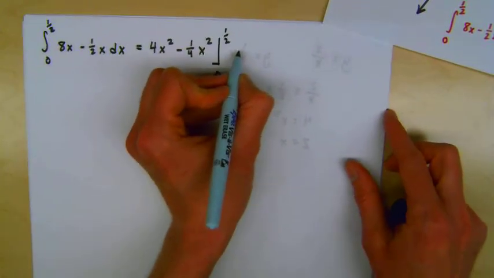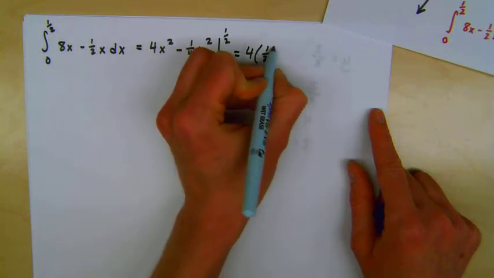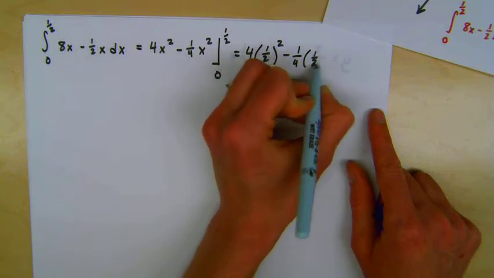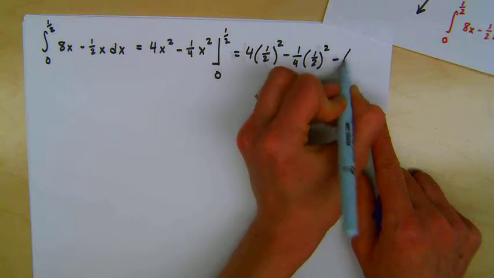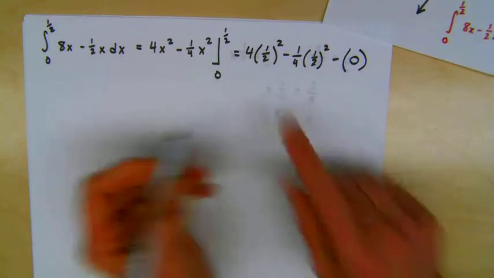So I'm going to plug in 1/2 for x. And then I'm going to subtract out plugging in 0, but we see that when we plug in 0 for our lower bound, we just end up with 0.